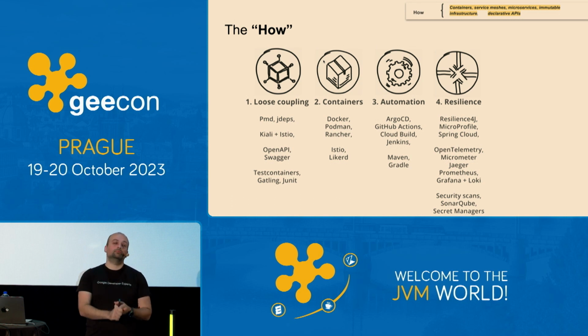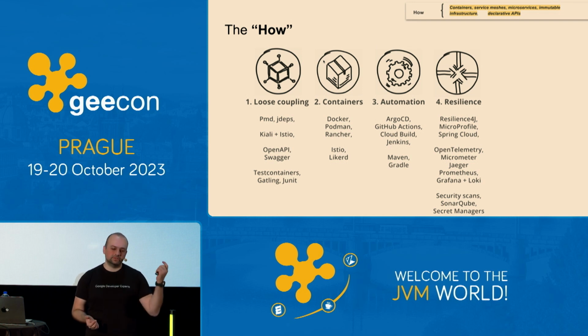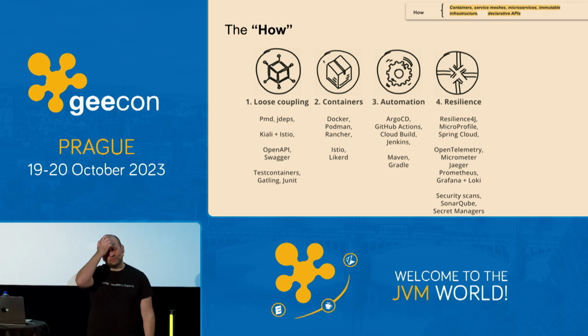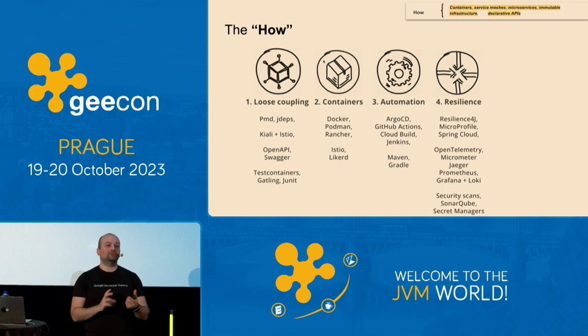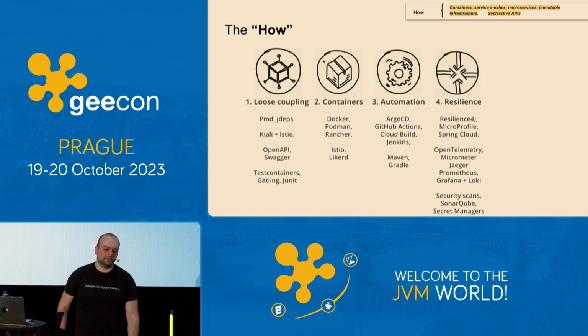TomEE, a bunch of different ones, Quarkus, all those things, and they all implement their own stuff. Most of them will be Resilience4J-based. Spring Cloud has its own things, Micronaut, you name it. All of those will have some kind of tooling and ways of doing this resilience part.